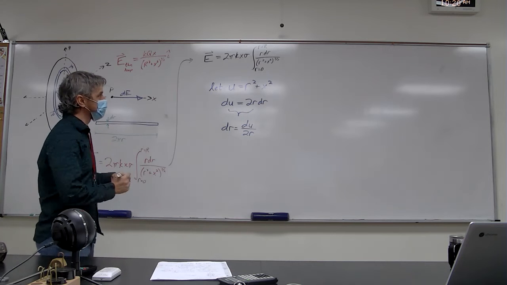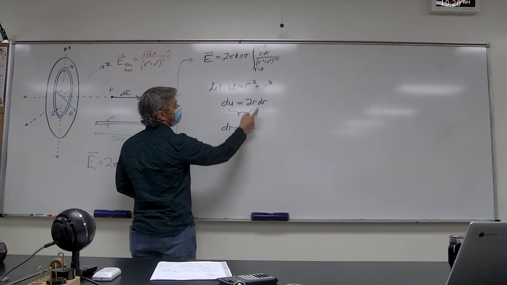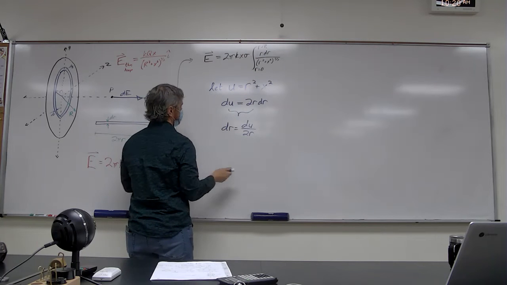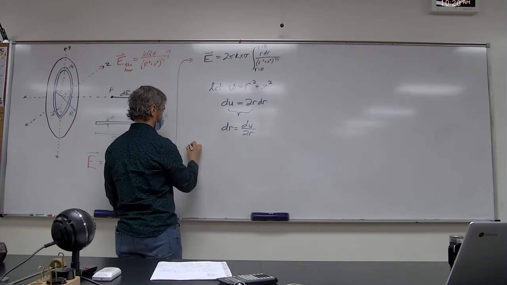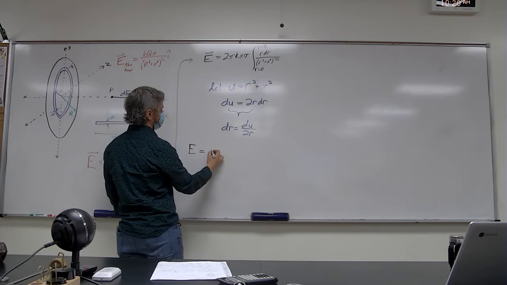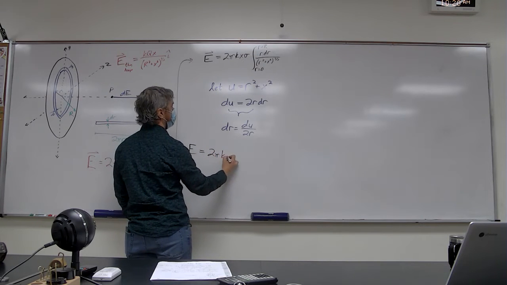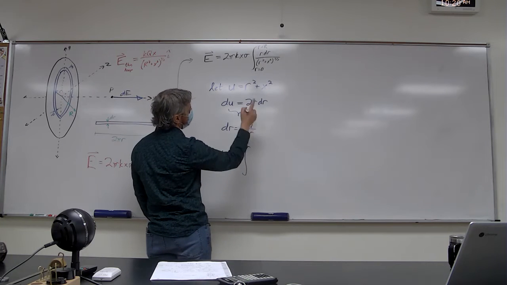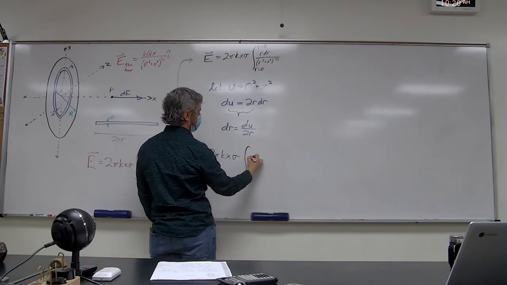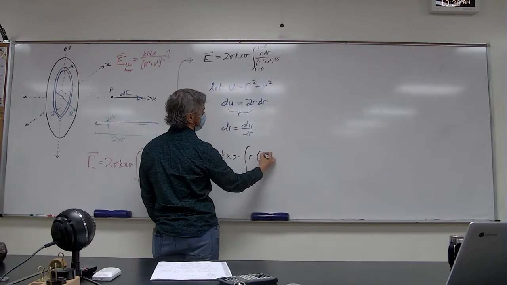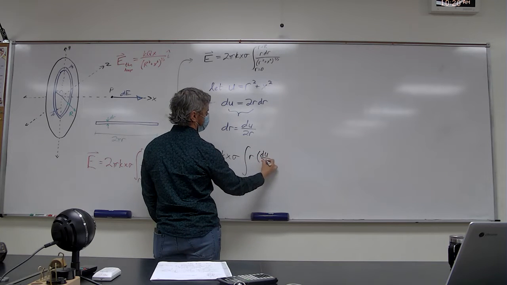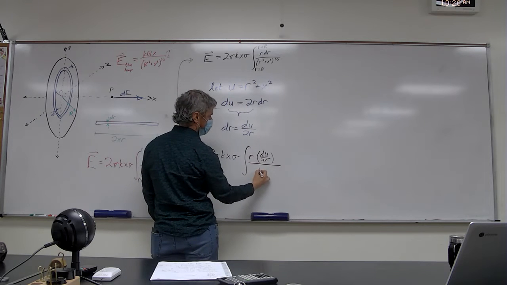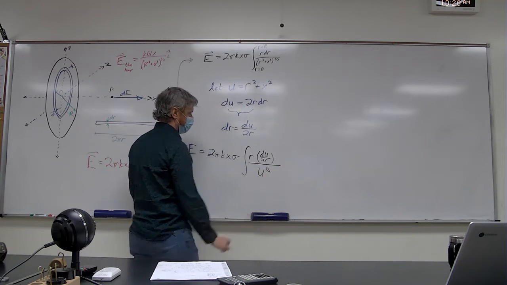And so when I plug this in for dr, and I plug u in for r squared plus x squared, I get that the electric field is going to be 2 pi k x sigma times the integral. In the numerator, I have r times du over 2r, divided by, in the denominator, u to the 3 halves, right?